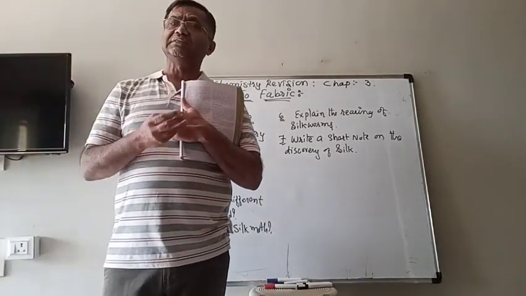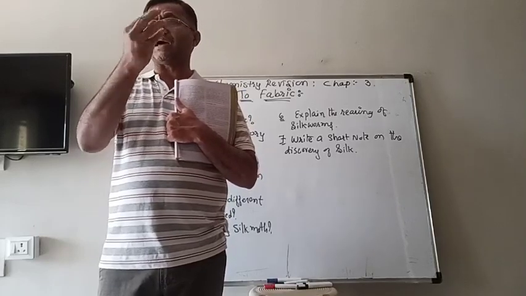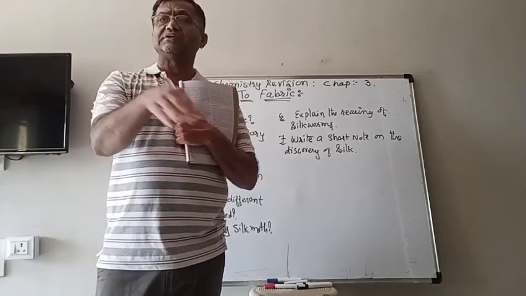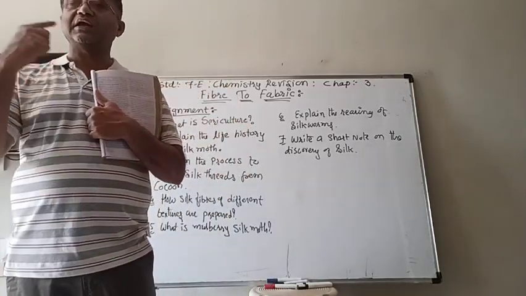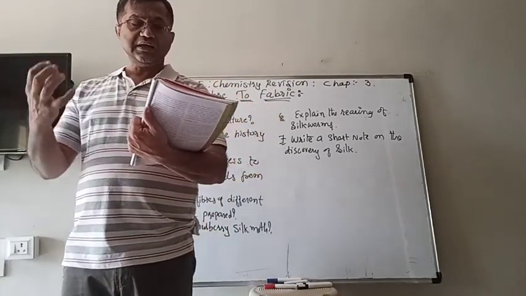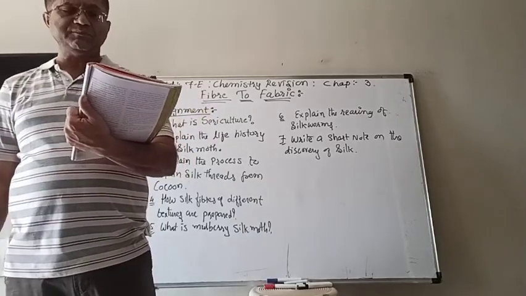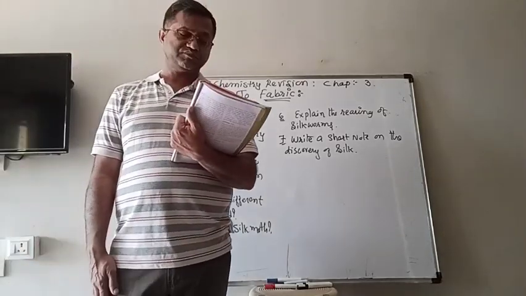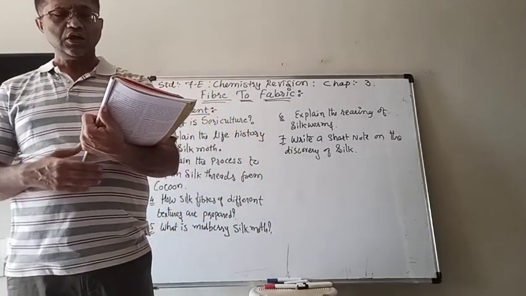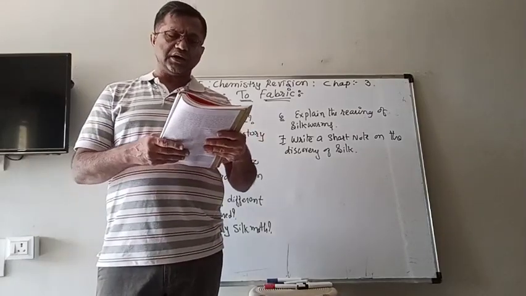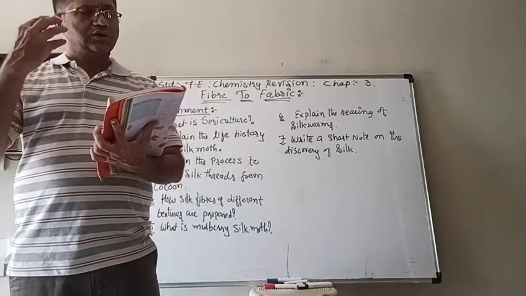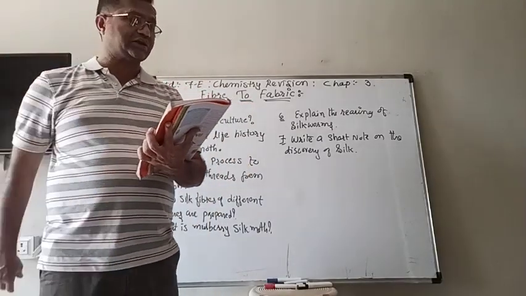From the body they secrete a type of liquid, and then they shake the head in the shape of English 8, and around their body they make a covering. They are covered in that, and that stage is called pupa, and that covering is known as the cocoon. Now in the cocoon, the caterpillar will develop into the adult silk moth.